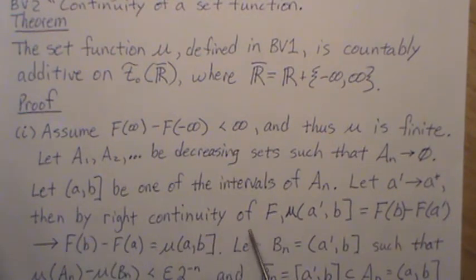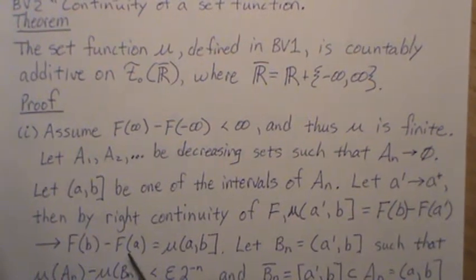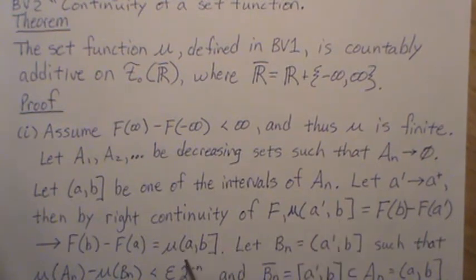Then by right continuity of F, the mu of this set, which is defined as f of B minus f of A prime, converges to f of B minus f of A, right? F is right continuous, and A prime converges to A from the right, so it converges to f of A, which is the measure mu of AB. So the measure of this interval converges to the measure of this interval.